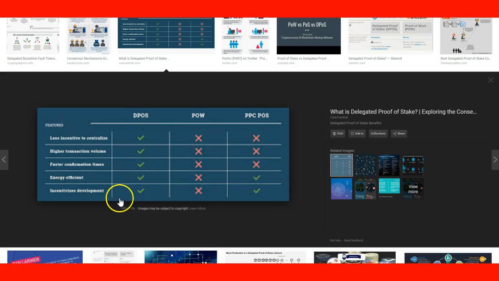Incentivized to develop. Check mark for delegated proof of stake, X for proof of work, and proof of stake has a check mark. And the reason I believe is because there's one coin in particular that I'm into that is delegated proof of stake, and that's the Credit, the XQR coin. And the delegates on delegated proof of stake are very, very active in creating features, I should say, for the blockchain on the Credit.